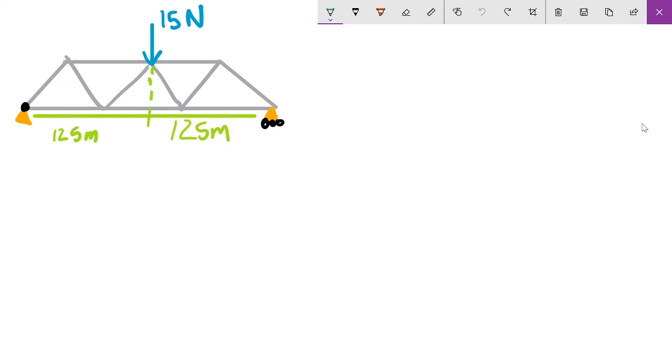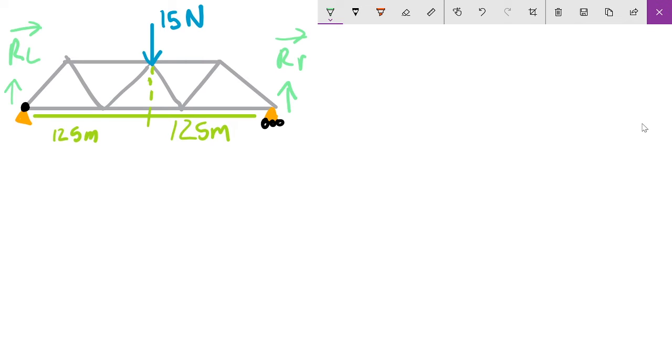So essentially, when a bridge is loaded like that with 15 newtons in the middle, there's going to be a reaction force coming up from the right, and a reaction force coming up from the left. Let's say the reaction force from the left equals RL, and the reaction force from the right equals RR.